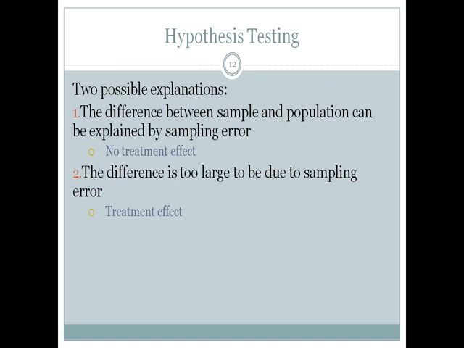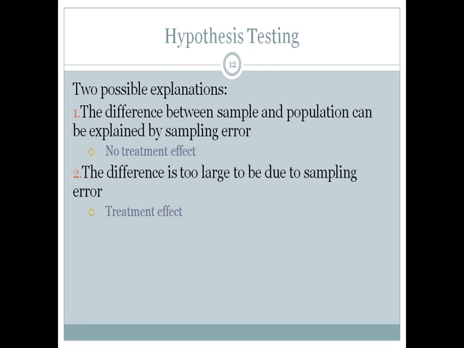Now, whenever we test a hypothesis, there are two possible explanations. One is we could determine that the difference between the sample and the population can be explained simply by sampling error.